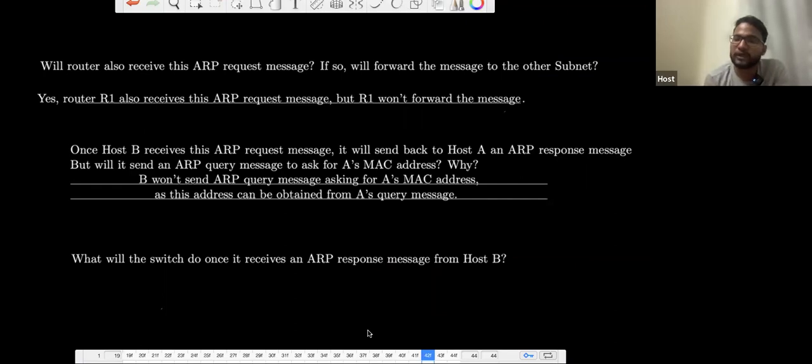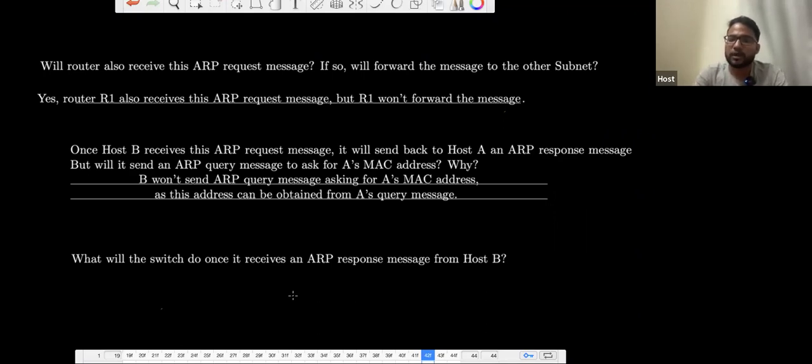It will forward it to A. Yes, the switch MAC address and destination MAC address are different, that is correct, but it will not drop the packet. It will not accept it as its own packet, but it will forward it.